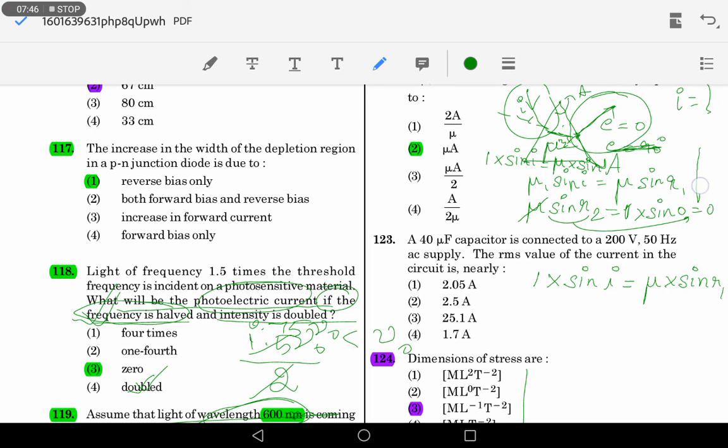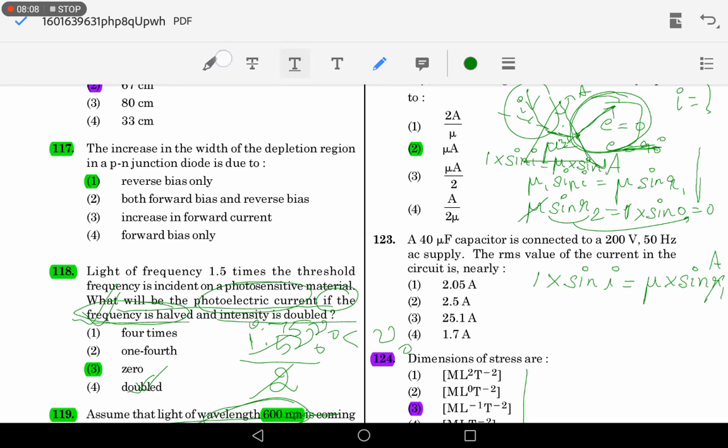And we have already proved that A equal to R1 plus R2 and R2 equal to 0 for the second interface. Since R2 equal to 0, A equal to R1. So you can write A instead of R1. So sine I equal to mu into sine A.